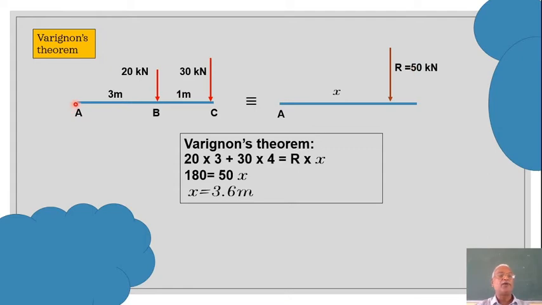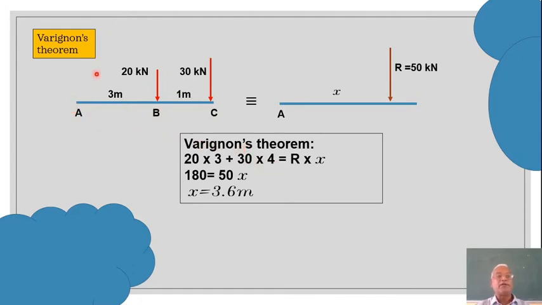So if I take moment about A, for example, you can take moment about any point A, B, C, or anyone that you can choose randomly. But here for convenience I have chosen point A as the reference, and the moment caused by 20 kilonewton is equal to 20 into 3, and it is clockwise. I have taken clockwise as positive. Then the force 30 multiplied by this whole distance 4 meters, 30 into 4.